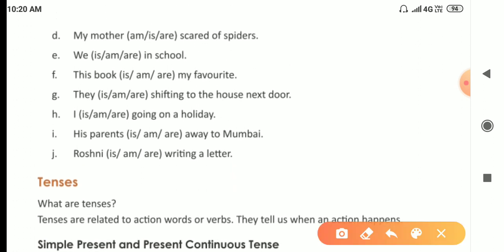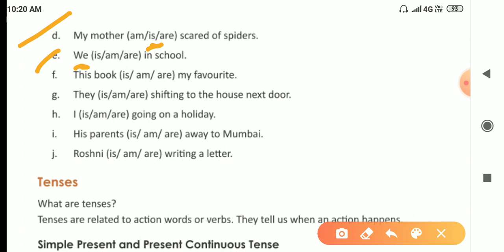Some more practice is there, in your English course book at page number 63. See, my mother, am, is, are scared of spiders. My mother is singular, so we will write here is. Next, in E part, we dash in school.